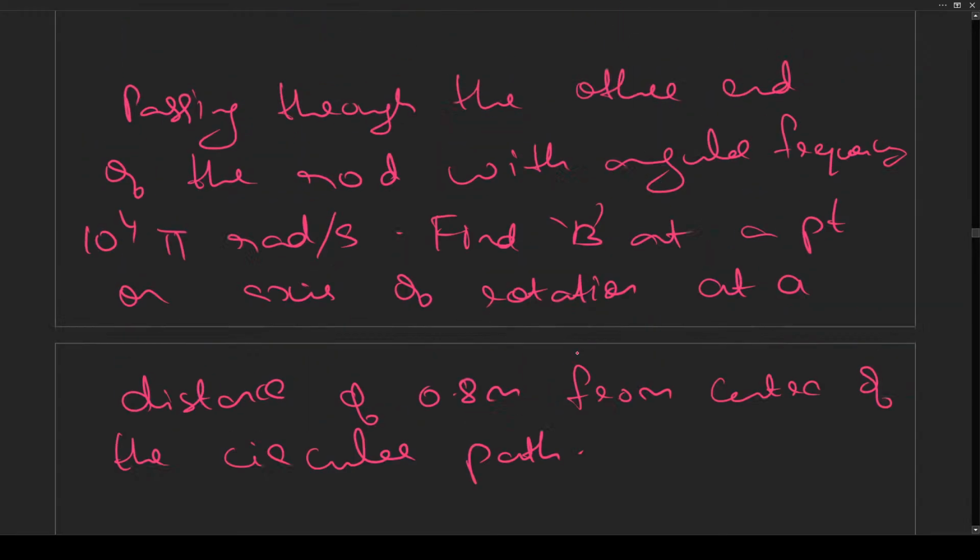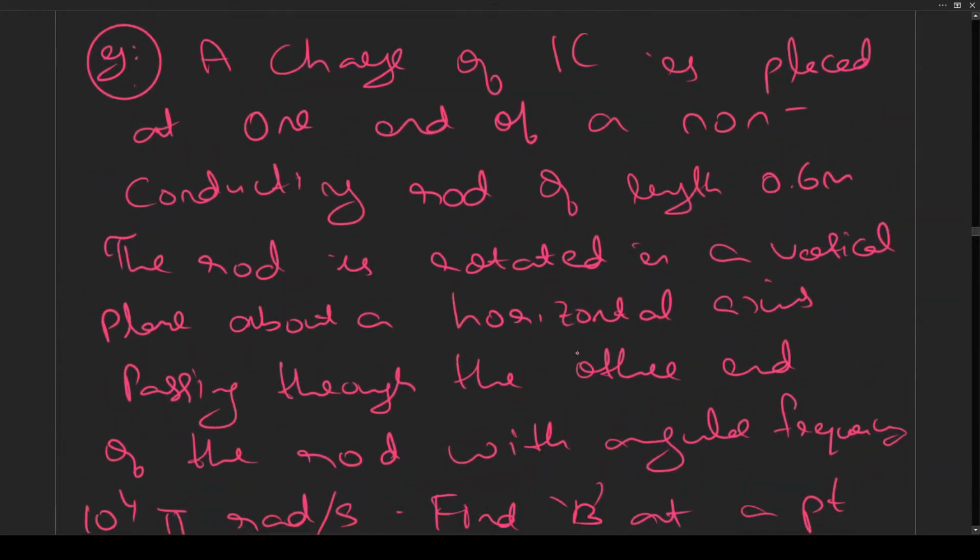Let's read the question again. A charge of 1 coulomb, it's a moving charge because they're rotating the non-conducting rod. A charge of 1 coulomb is placed at one end of a non-conducting rod of length 0.6 meter.